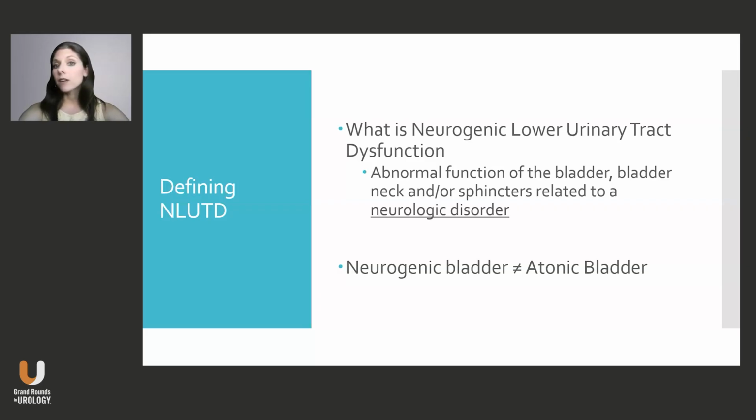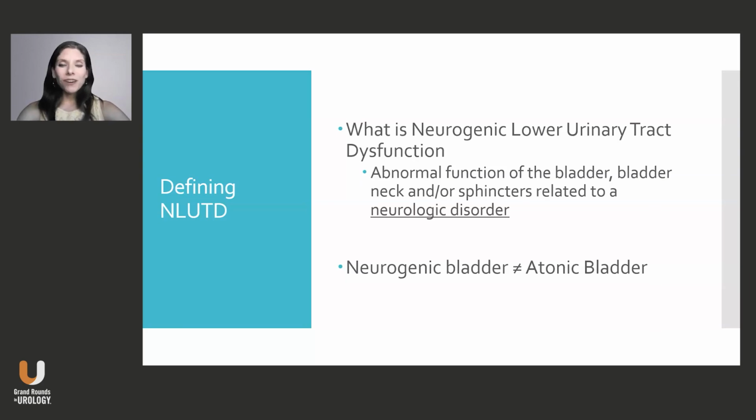You can have an atonic bladder for many different reasons. Atonic bladder can be because of chronic outlet obstruction from benign prostate enlargement and myogenic failure. It can be from Fowler's syndrome. There's so many different conditions that can cause an atonic bladder, but not all of them are neurogenic bladder. And not all of them need to necessarily be addressed the way that our guidelines for NLUTD suggest.